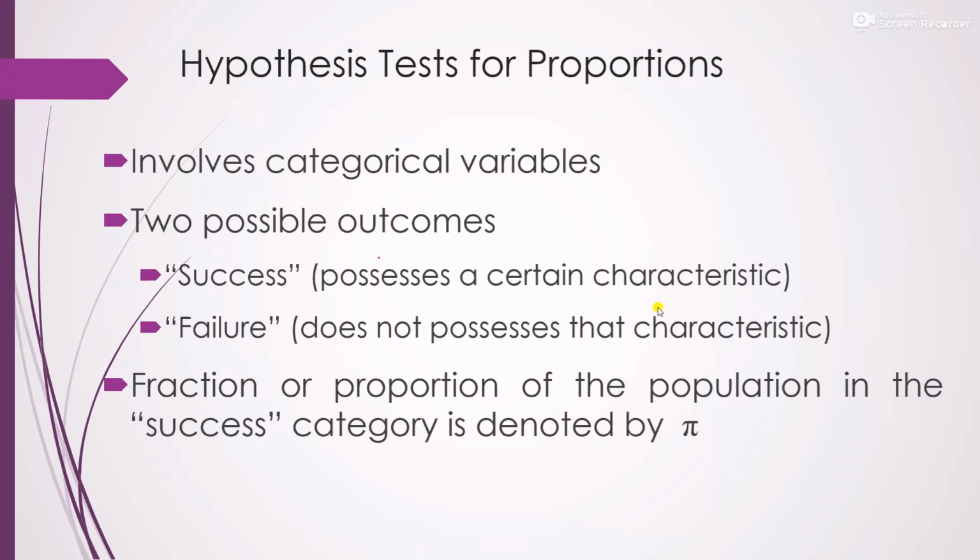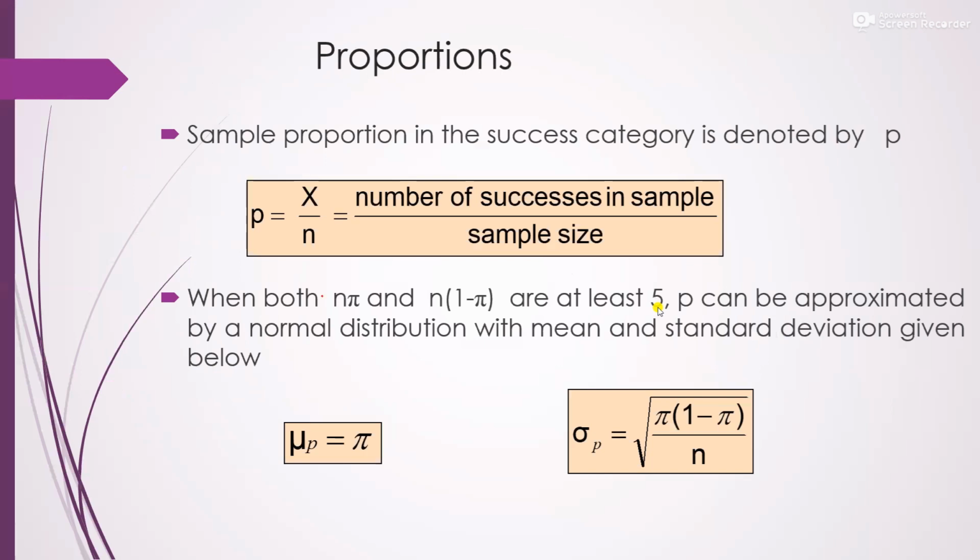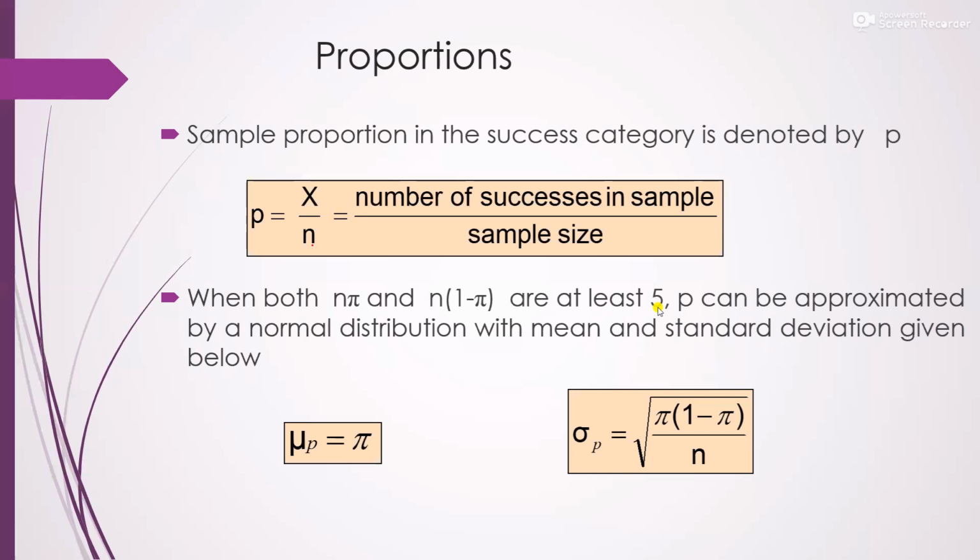There are two possible outcomes, one is success, another is failure. The fraction or proportion of the population in the success category is denoted by pi. As in the confidence interval, the sample proportion is denoted by P, that is x over n.